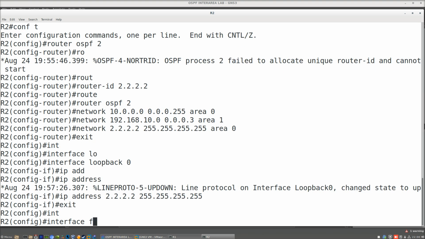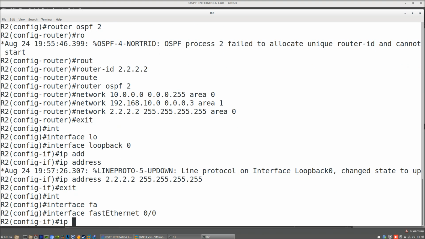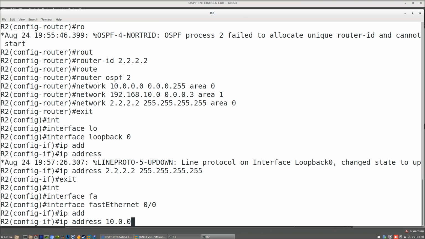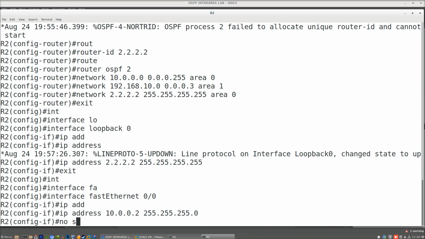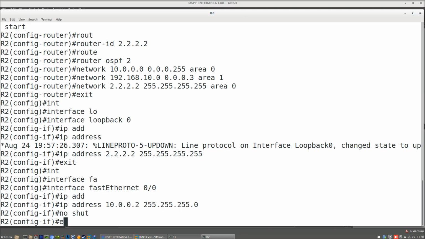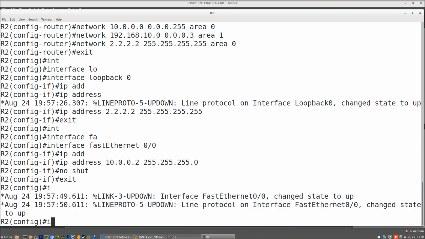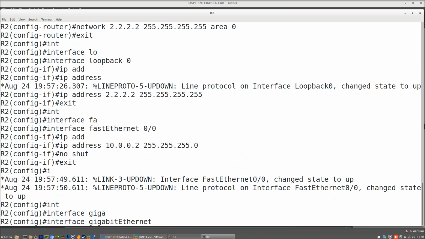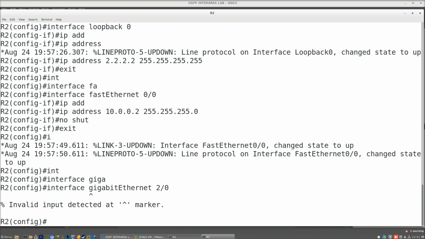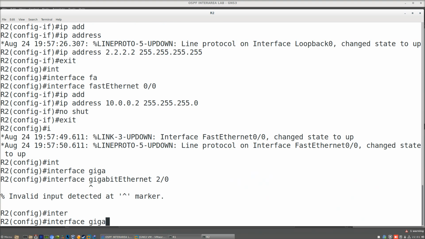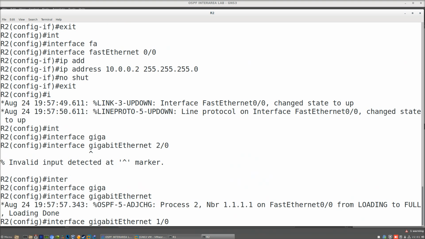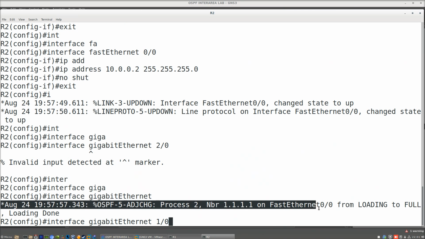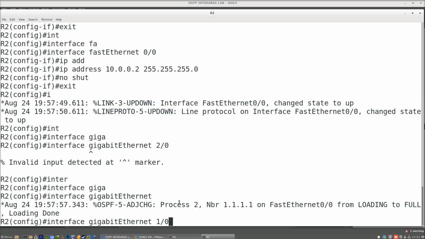Then interface FastEthernet 0/0, IP address of 10.0.0.2, 255.255.255.0, and no shut the interface, and again interface gigabit 2/0 this time. Oh, sorry, gigabit 1/0, and we see now that we have formed an adjacency with router 1.